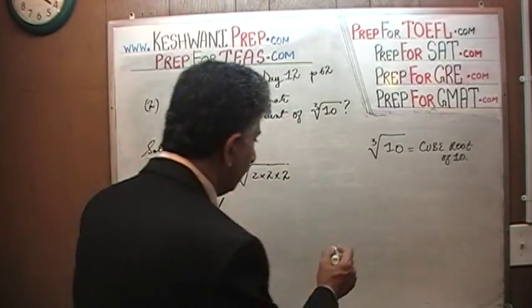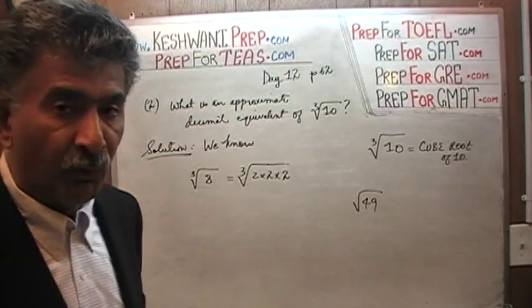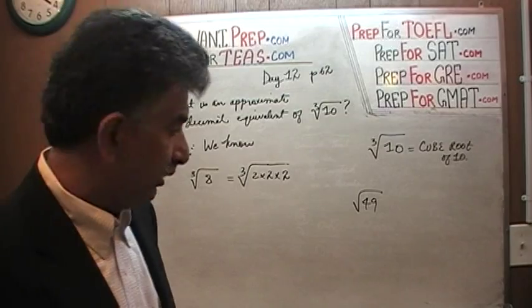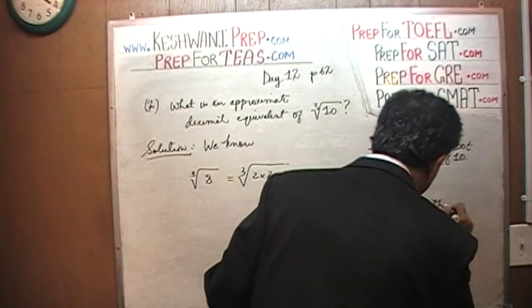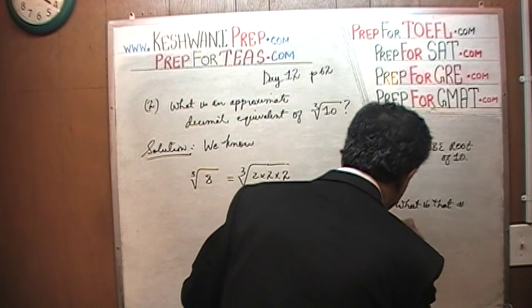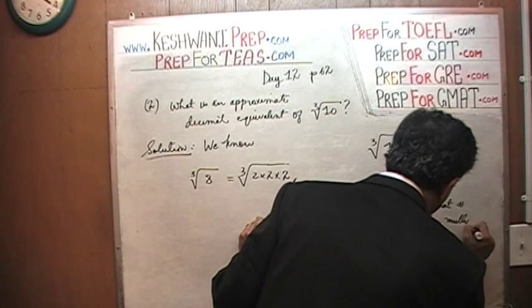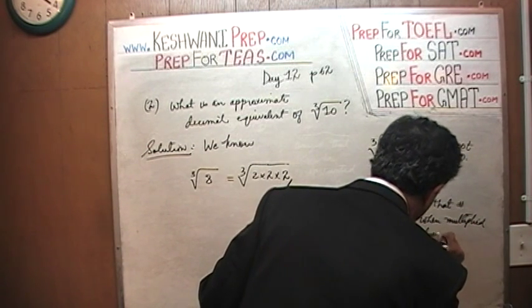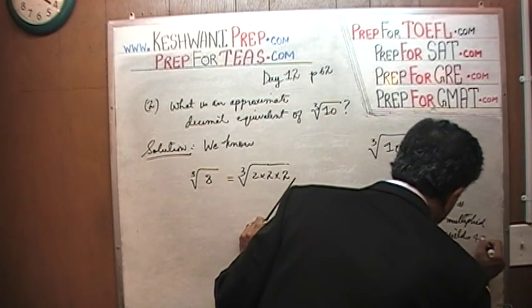For example, when they ask us what is the square root of 49, what they're asking us is what is that number which when multiplied by itself gives us 49.